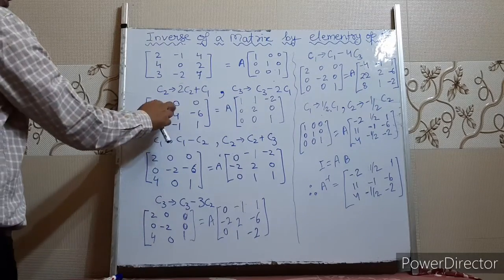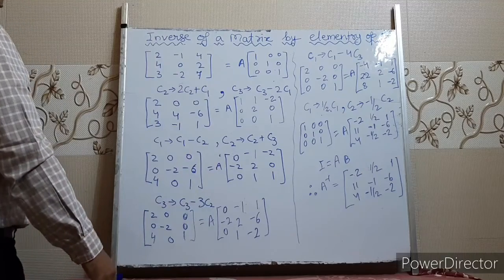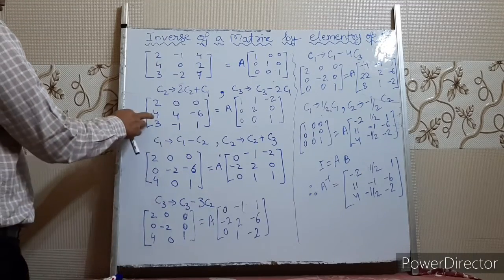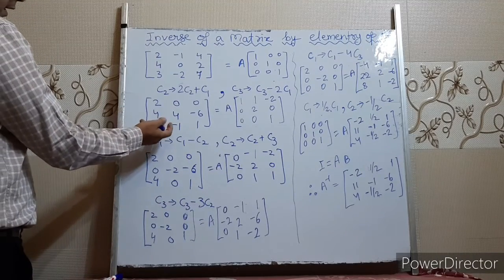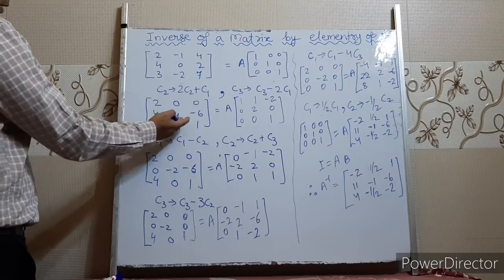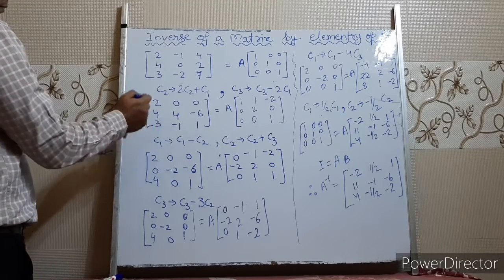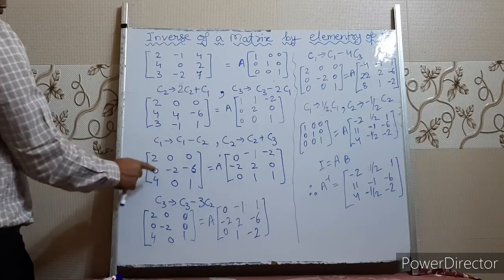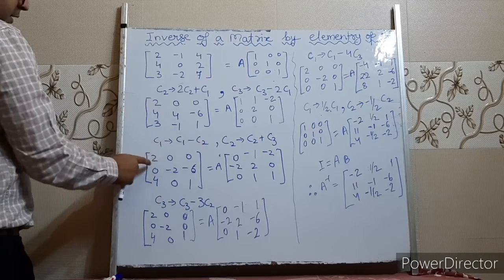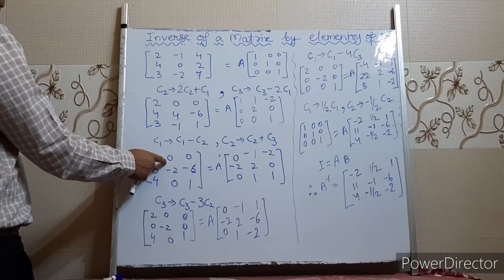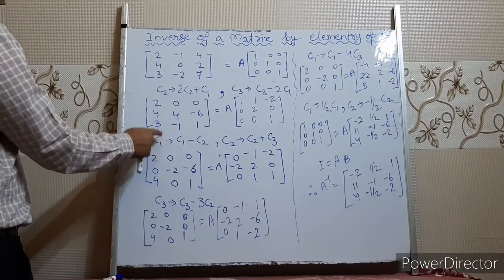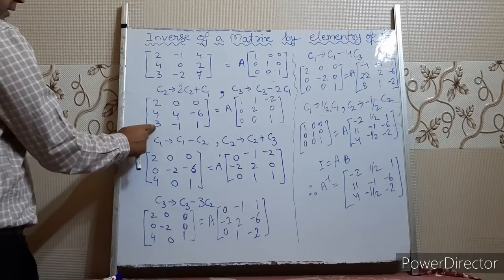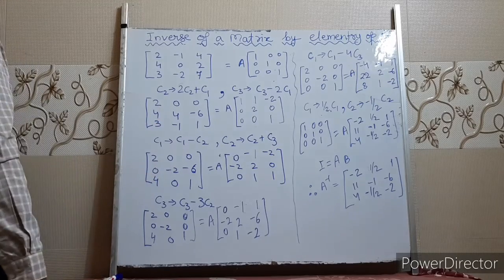Now we got 2 zeros here. Now I am going to make this term 0. We can do it easily, we just need to subtract C1 minus C2 and we'll get this term 0. So I have applied the operation C1 minus C2, and when you do that, 2 minus 2, 0, 4 minus 4, 0, and 3 minus of minus 1 will be 4.